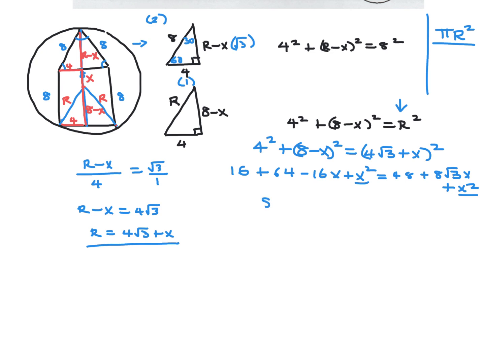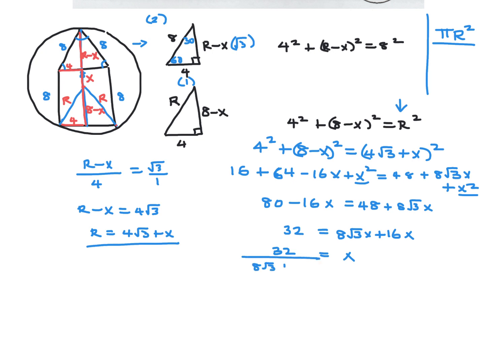And we're just left with 80 minus 16x, and that's 48 plus 8 root 3x, and that's going to be 32 is equal to 8 root 3x plus 16x, and therefore x is equal to 32 over 8 root 3 plus 16. Not a very pretty number, but it is what it is.